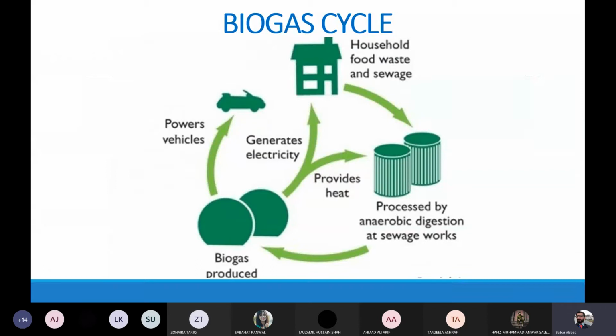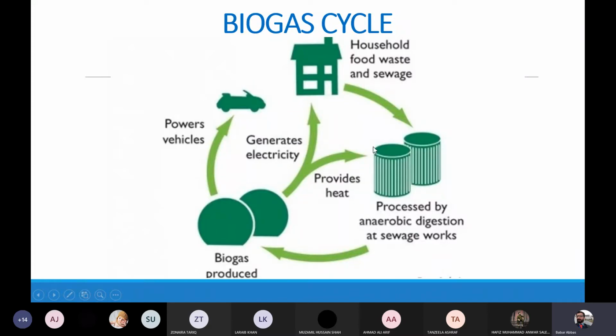So this is the basic biogas cycle, and we would be discussing the biogas production processes in the next slides. We can see that we generate solid waste over here, and it is being converted into biogas through the use of the anaerobic digestion process, where this product can be utilized in many ways.